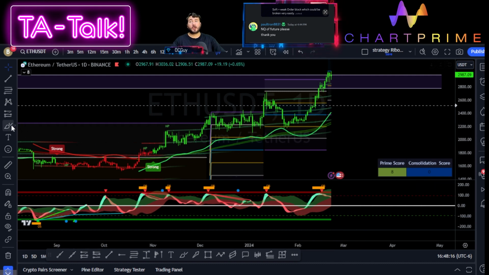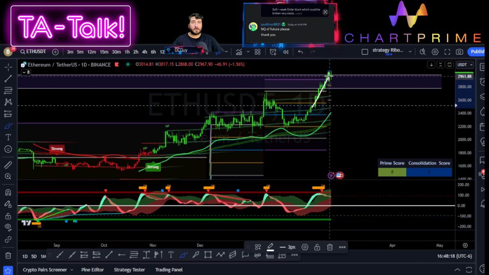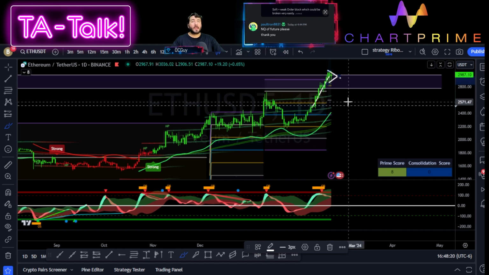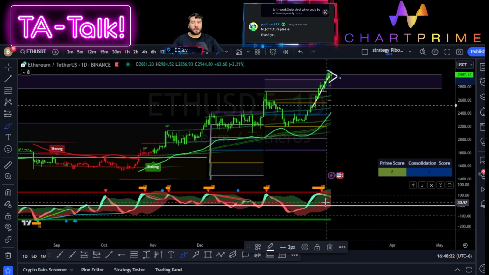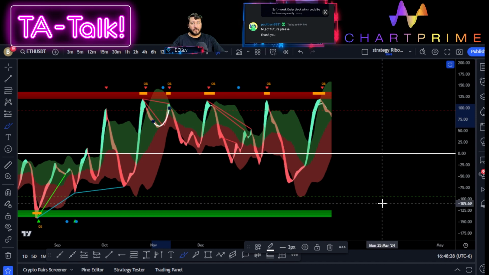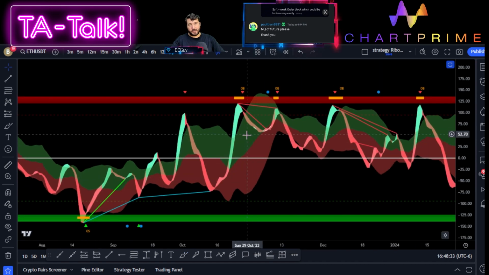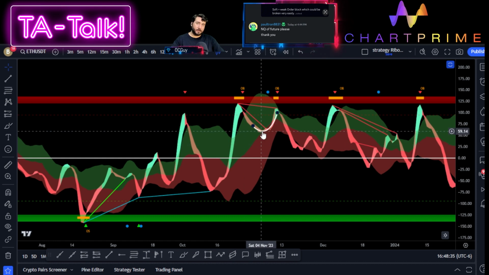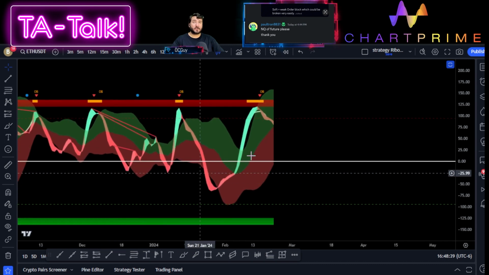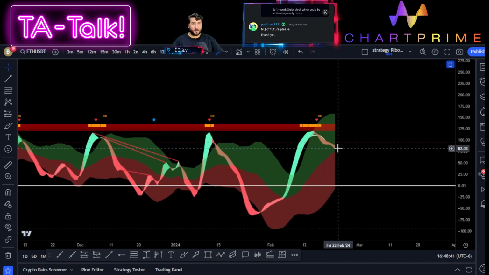We need to be careful because this could absolutely be a bullish flag pennant. If we flip on the ribbon at the convergence between the green cloud and the red cloud, like that, we might be blasting again to the upside, and we're very close.